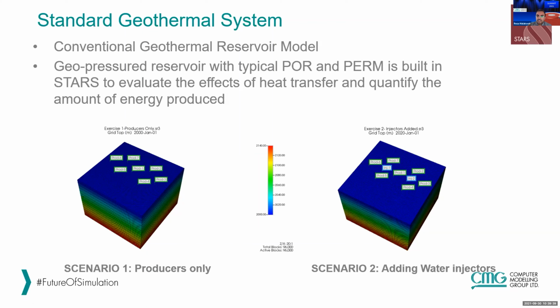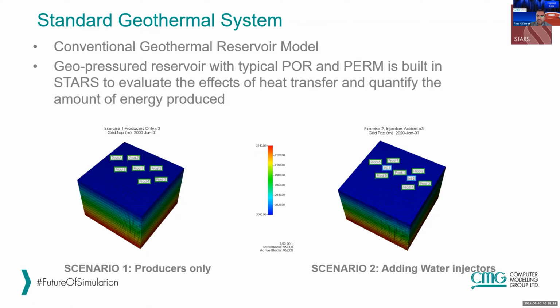And that's just showing the concept of water injection back into the system, which is basically cooling near the wellbore. The idea of that reinjection is that it doesn't compromise the heat or temperature that you've got around the producer.